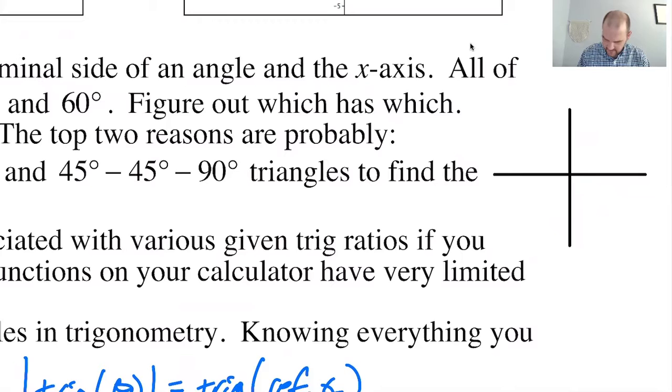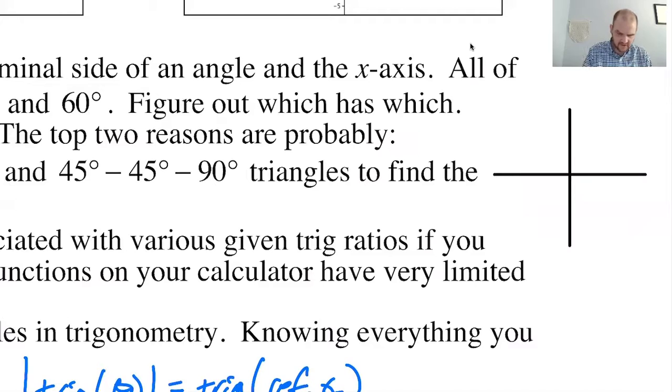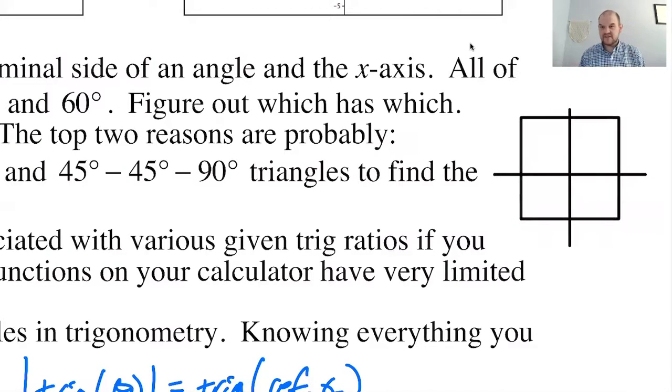I got lost in trying to do it. Here we go. All right, I got an idea. I'm going to draw a square, if this will let me, which I hope it does. Yes. Okay. So the reason I'm trying to do this is now the diagonals of this are going to be useful to me.